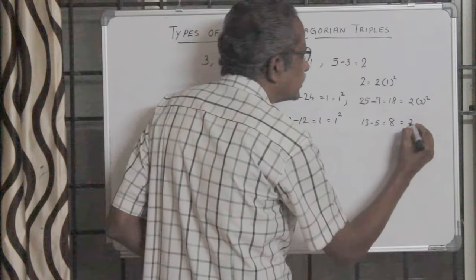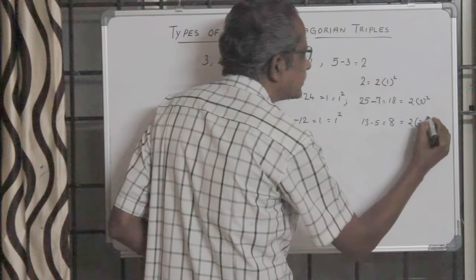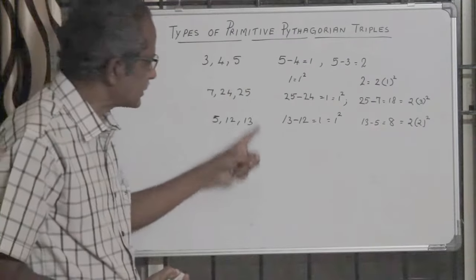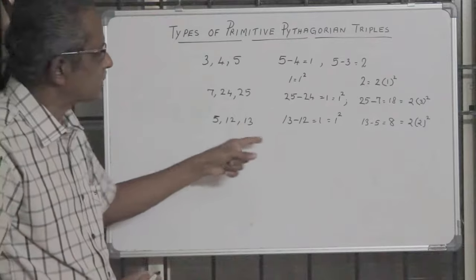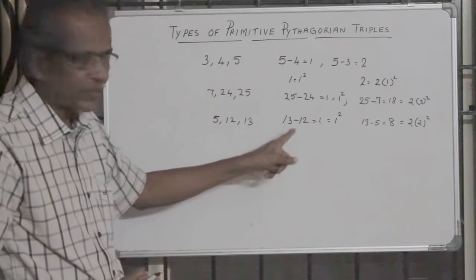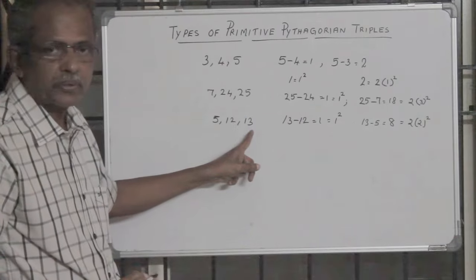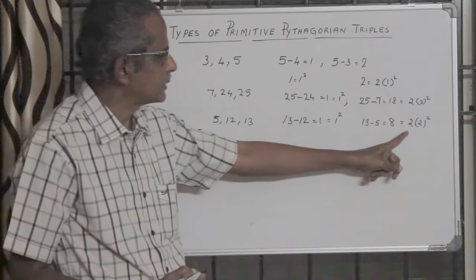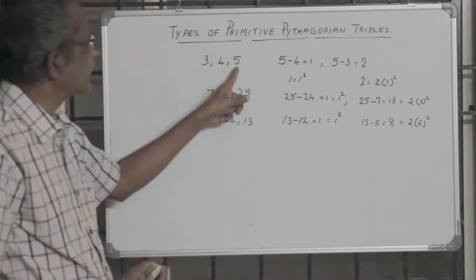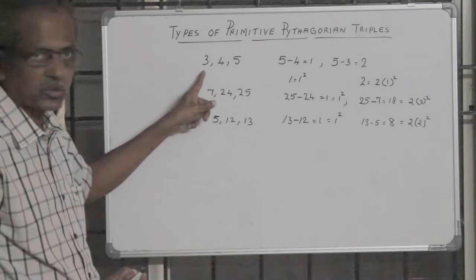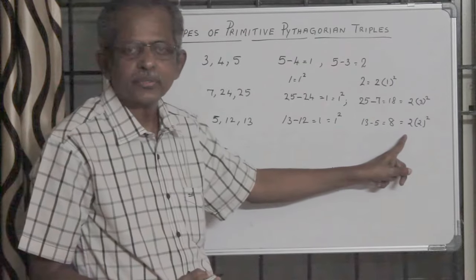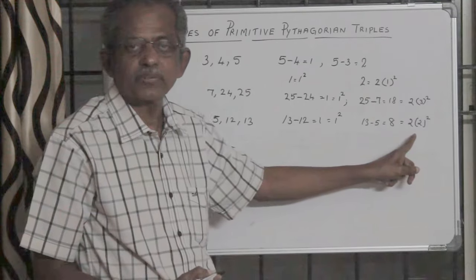That is equal to 2 into 2 square. In all these cases, we can see the difference between the hypotenuse and the longer side is equal to 1. And in the other case, the difference between the hypotenuse and the smallest side is equal to double the square of an integer.